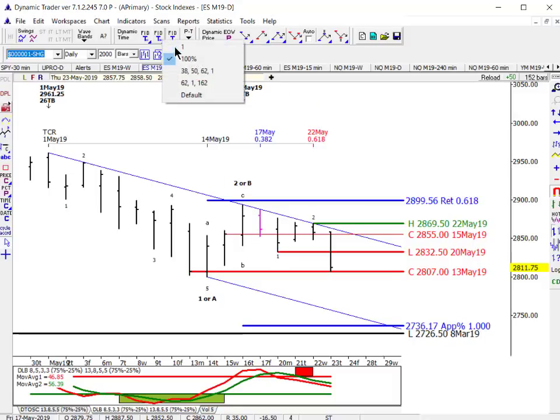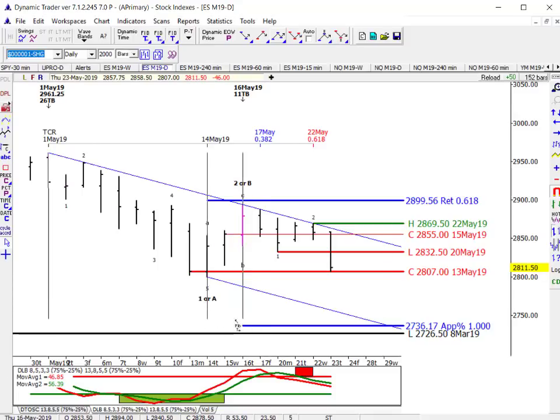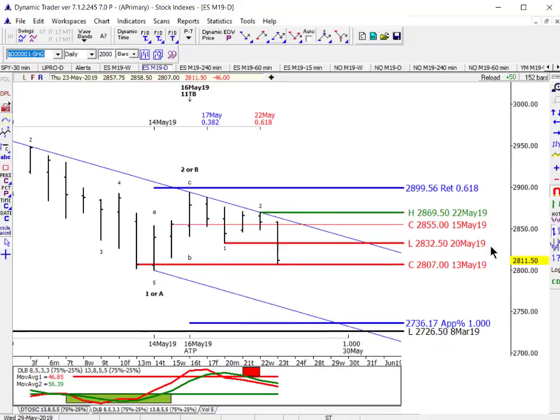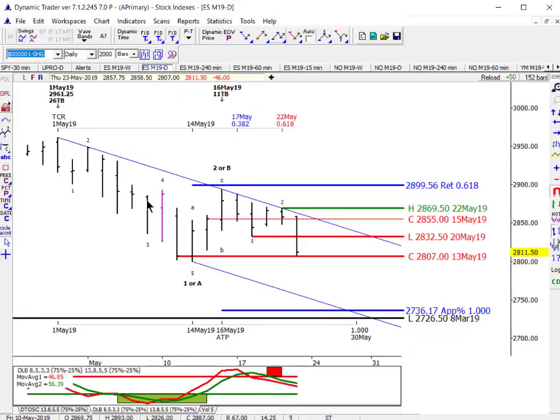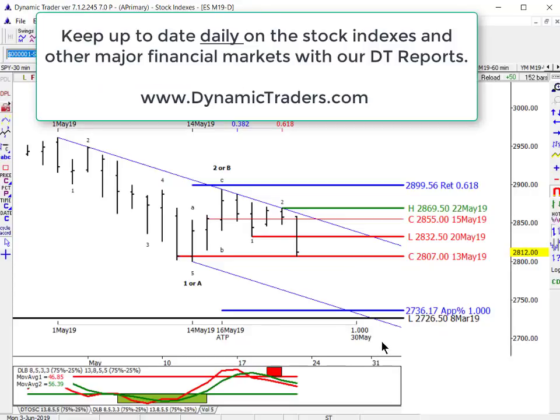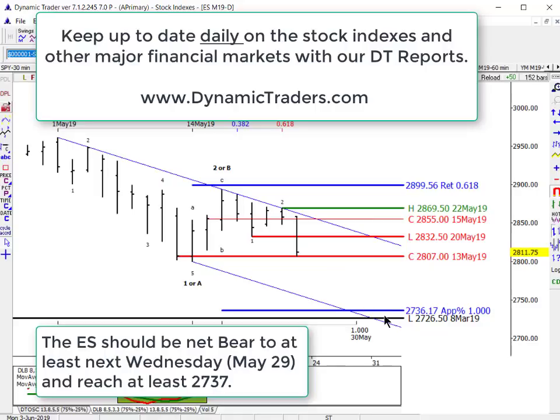Well, the first thing I do is the 100% alternate time projection, and that's the typical time target on the downside. Again, that's if it's just a corrective decline. If this is an impulsive wave 1 and 2, we'd have much further to go in price and time. But we'd be looking at around May 30th, next Thursday, a week from today, as the probable time to continue this decline.